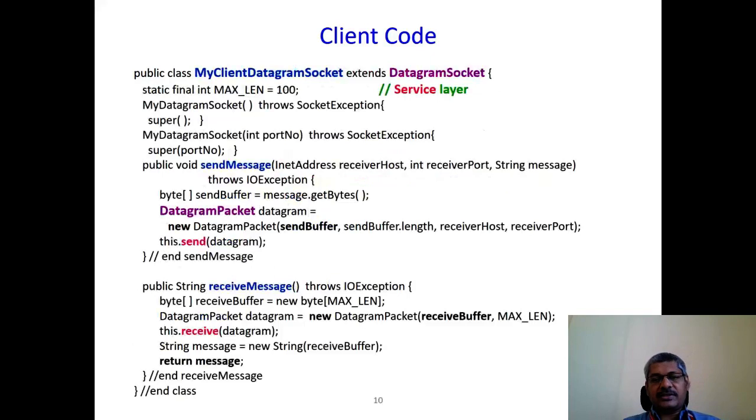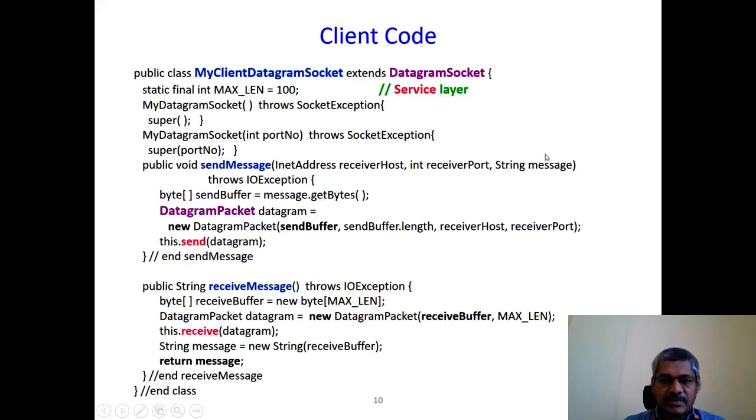So in the service logic, this is where the inter-process communication is actually happening. Your MyClientDatagramSocket extends this DatagramSocket. We have already seen this sort of implementation in chapter 4. So we take the datagram socket, we set the port number and the other things. And when we are sending the message, we create a datagram packet with this buffer.